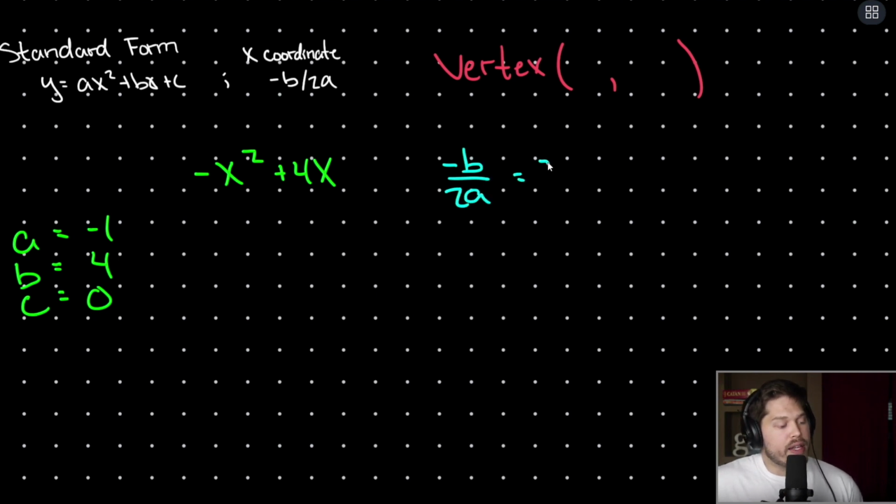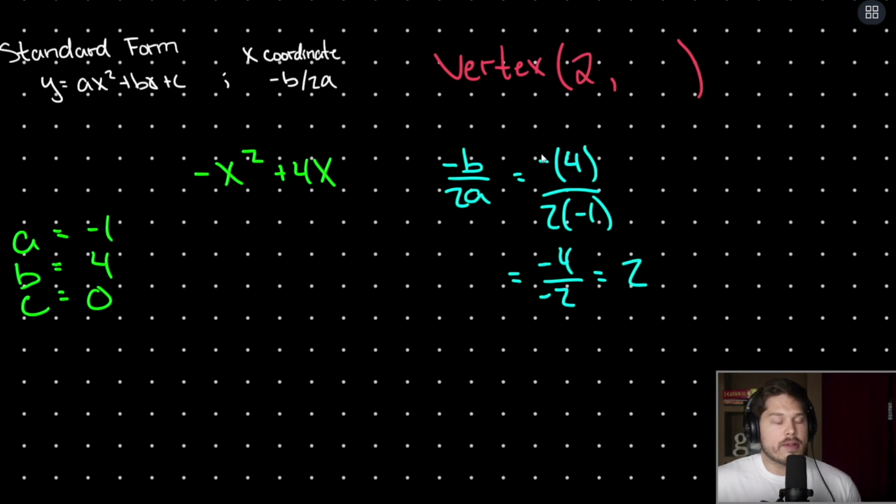We can do that, and we can get negative times 4 over 2 times negative 1. Then we simplify to have negative 4 over negative 2, which is of course equal to positive 2. And so that tells us that the x-coordinate for our vertex is positive 2.